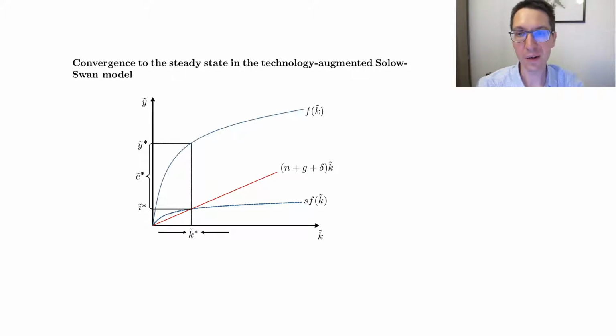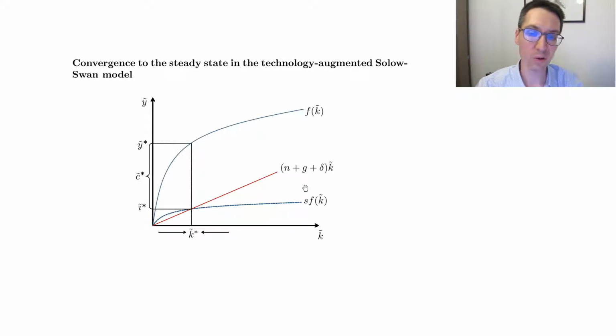So this is the final version of the Solow-1 model augmented with technology. It looks pretty much like all the other versions. There's one crucial thing that did change: now we consider everything in terms of per effective worker. So we know that since technology always grows, then capital and output would always grow.